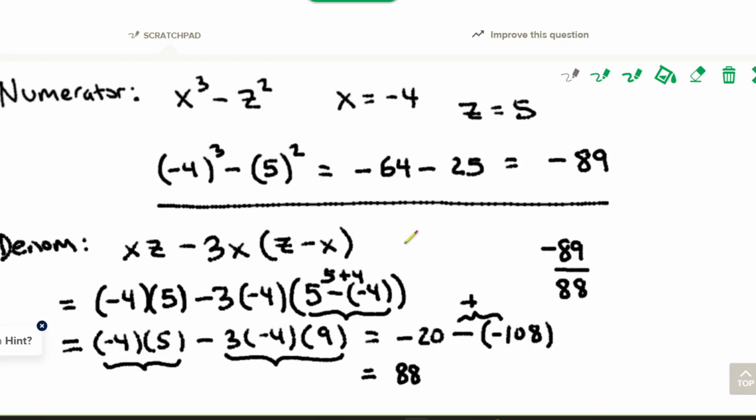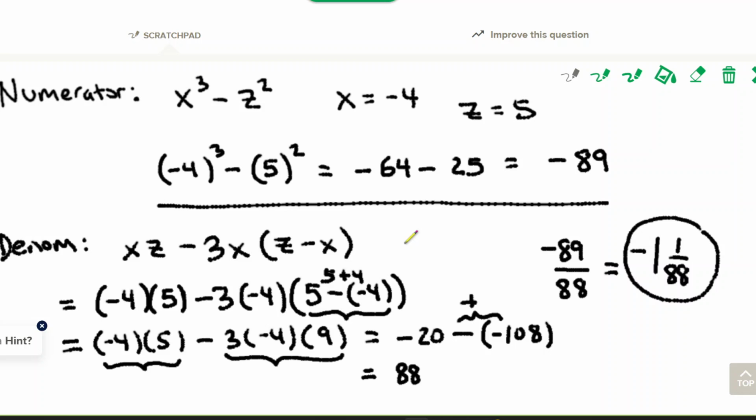So this is negative, obviously. And then 88 goes into 89 one time, with 1 left over. So 88 goes into 89 once with 1/88 left over. So as a mixed number, you would write it this way.